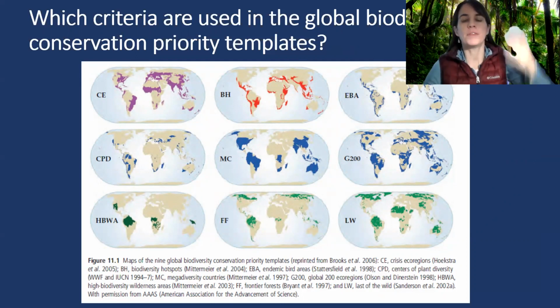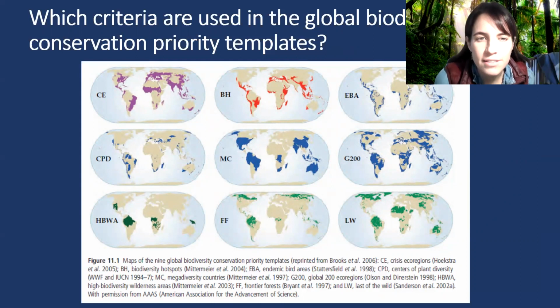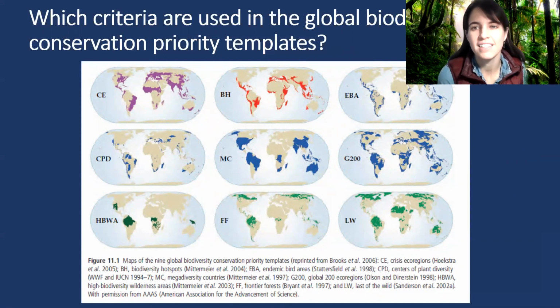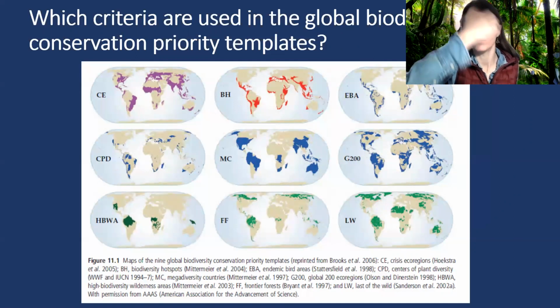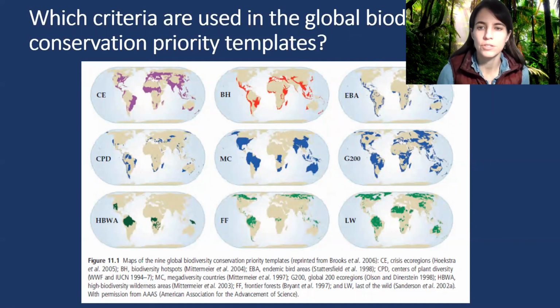And they've come up with all these different templates. If you look at these templates, some of them don't have a lot of overlapping areas, and some of them do, right? There are areas that come up again and again and again, like the parts of the Brazilian Amazon, coastal regions around the world, but not all the places are shared by every template. So what are these templates? First, let's just go through them.